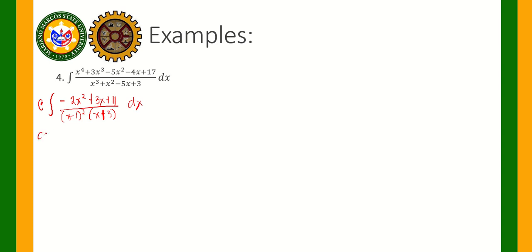So, gagamitin natin si case number 2. So, this will be equal to the integral of a over x minus 1 plus b over x minus 1 squared plus c all over x plus 3 and then dx.